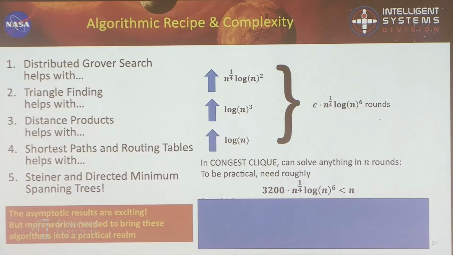For what size does this actually give you an improvement? And we just have a few log factors to the 6th. How bad could this be over the really dumb thing of just sending all the information to one node, which you can do in n rounds? Any intuition, folks? How big does n need to be for this to cross over?